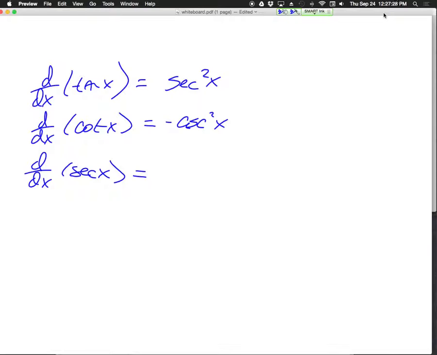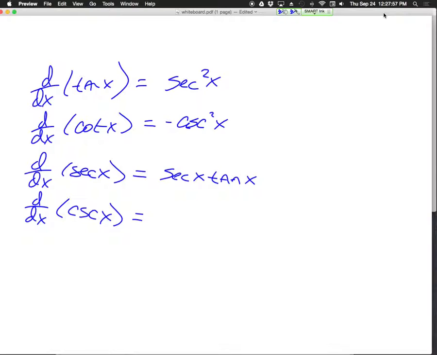Derivative of secant is, you're not going to know it. Secant times tangent. Okay, using that pattern, what do you think the derivative of cosecant is?